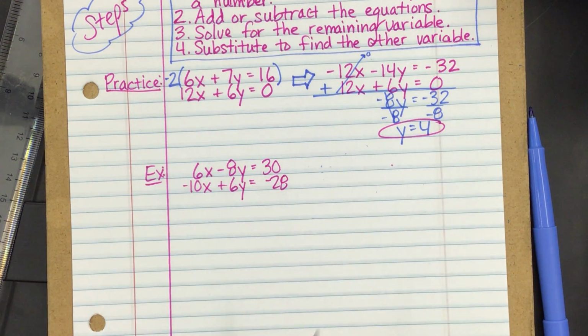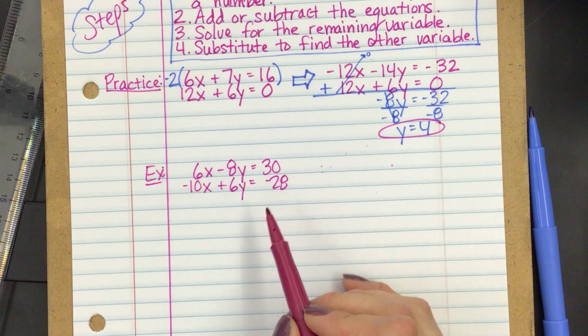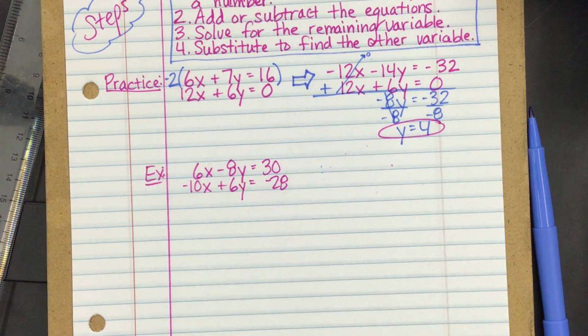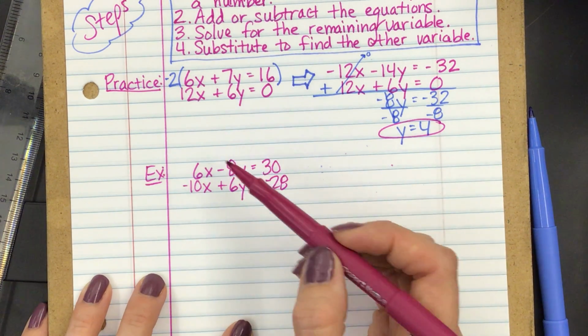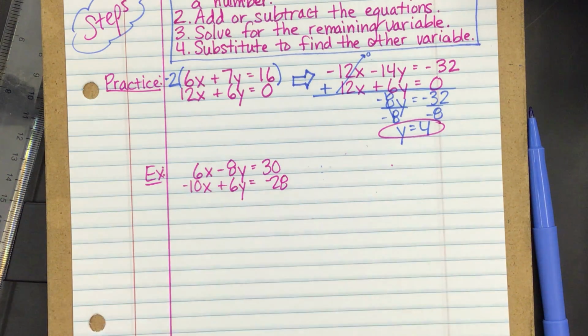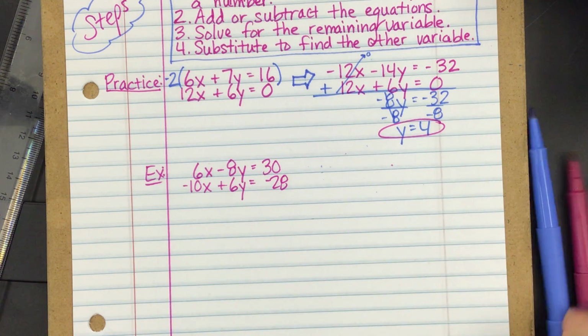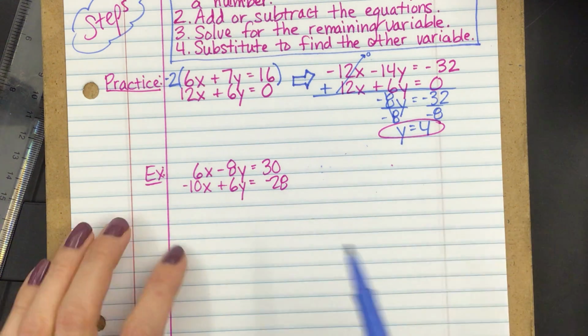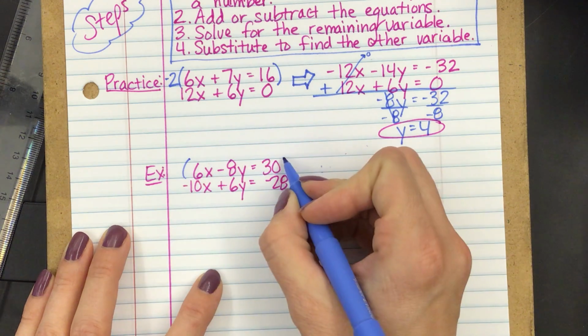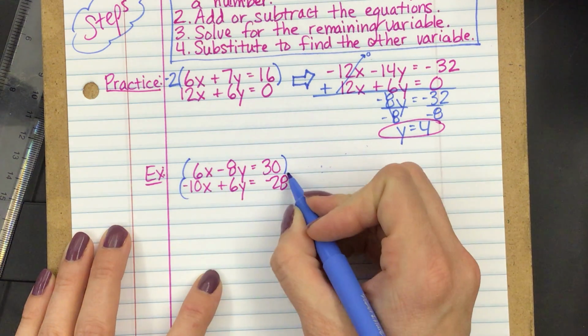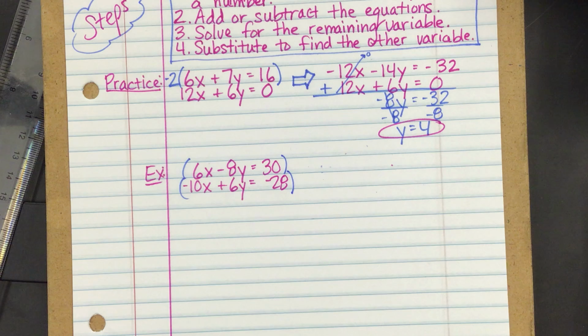That's a negative 28, by the way. It kind of looks like part of the 2, but it's not. So in this case, you can't multiply just one equation by a number and then have something easily be eliminated. So we're going to have to multiply both equations by a number.